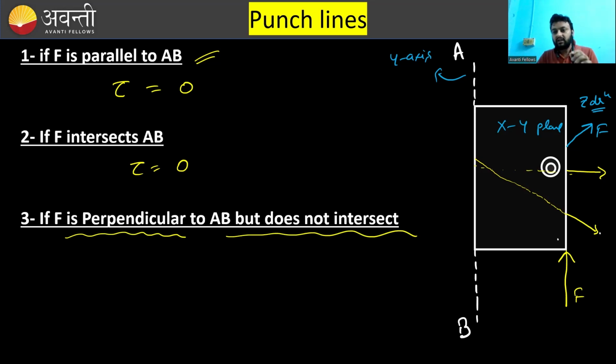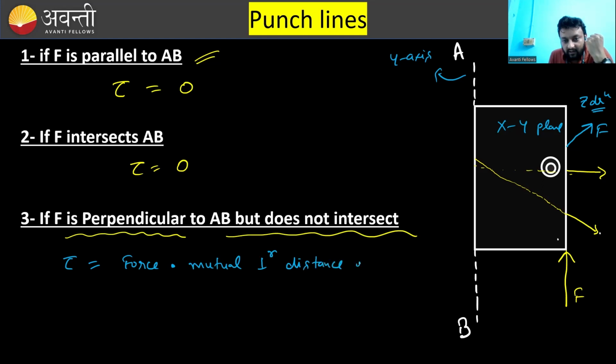So in this situation, the torque will be what? Torque will be force into the mutual perpendicular distance of, can we write AB as the axis?